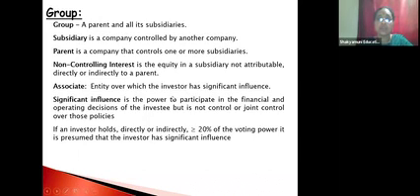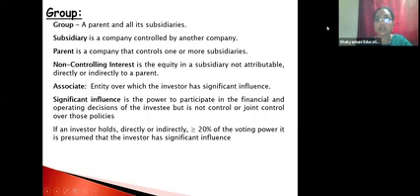So now let us look at these definitions. Group: parent and all its subsidiaries together is called group. Subsidiary is a company controlled by the other company called parent. Parent is a company that controls one or more subsidiaries.